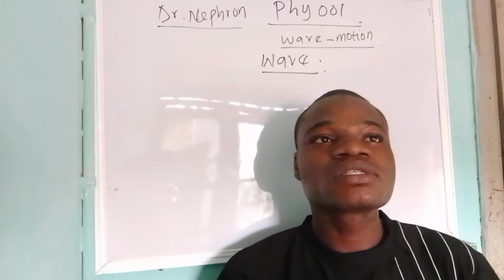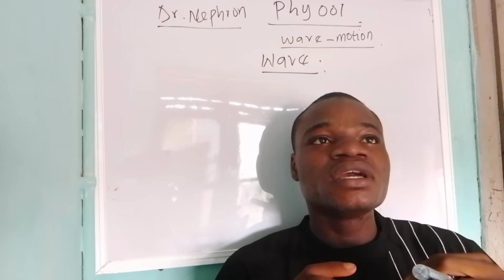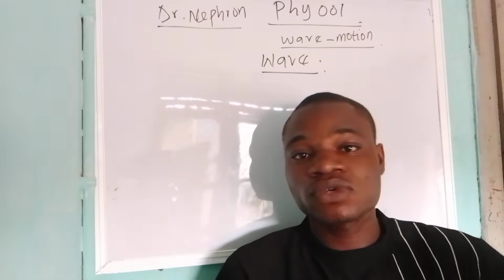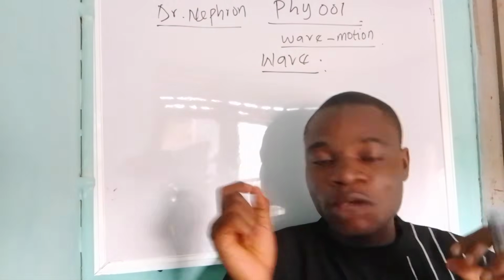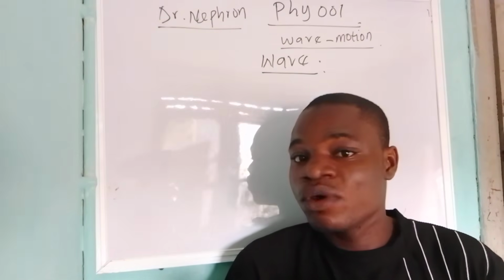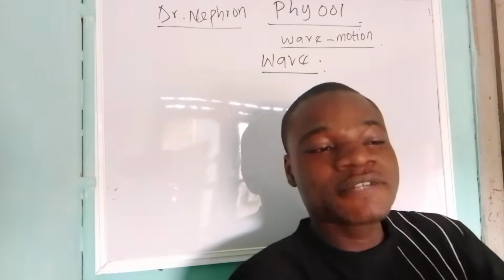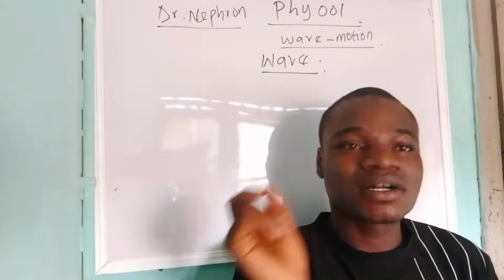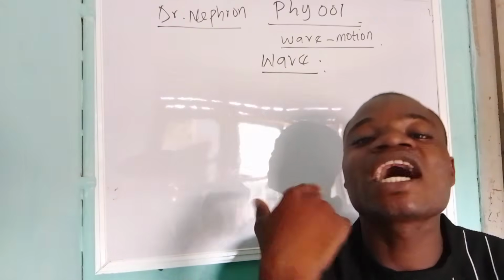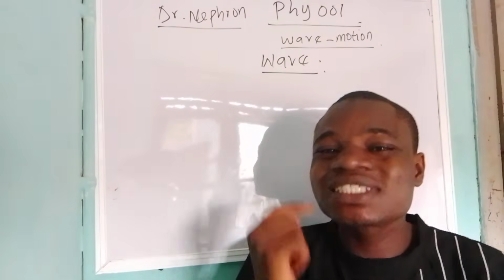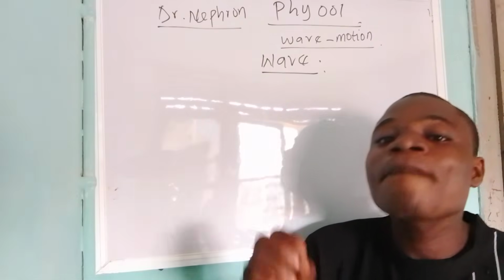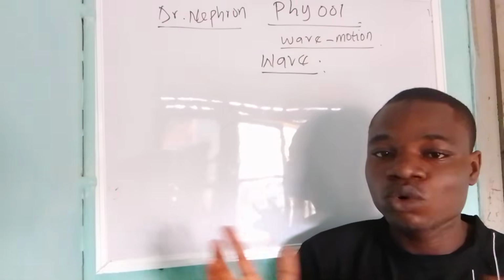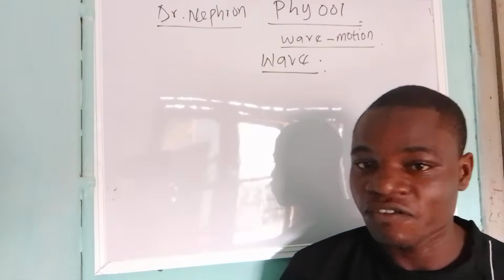That's the first key point that you have to know about wave. Now, transferring energy from that particular point to another point without causing the permanent displacement of the medium.